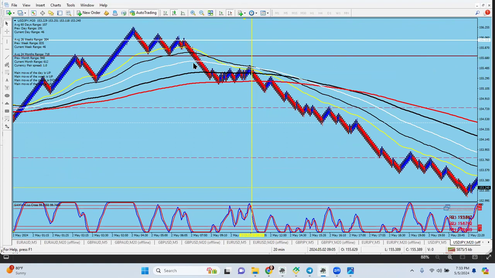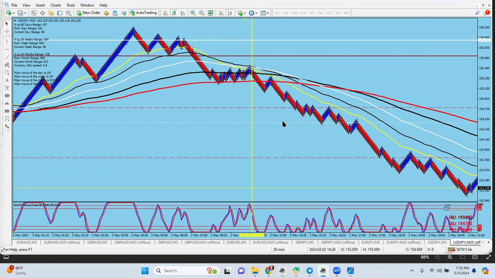Right after that, it started to make the turn, and my entry from the 7 minute is right here. But even if you miss that, or don't want to use the 7 minute because it's fast and needs some expertise, then an easy 20-minute entry was right there.